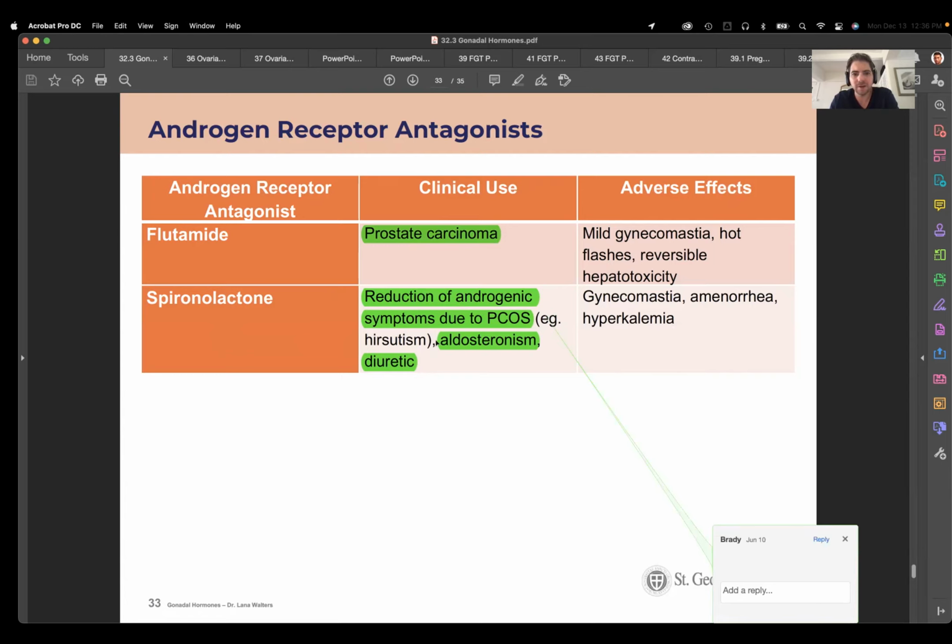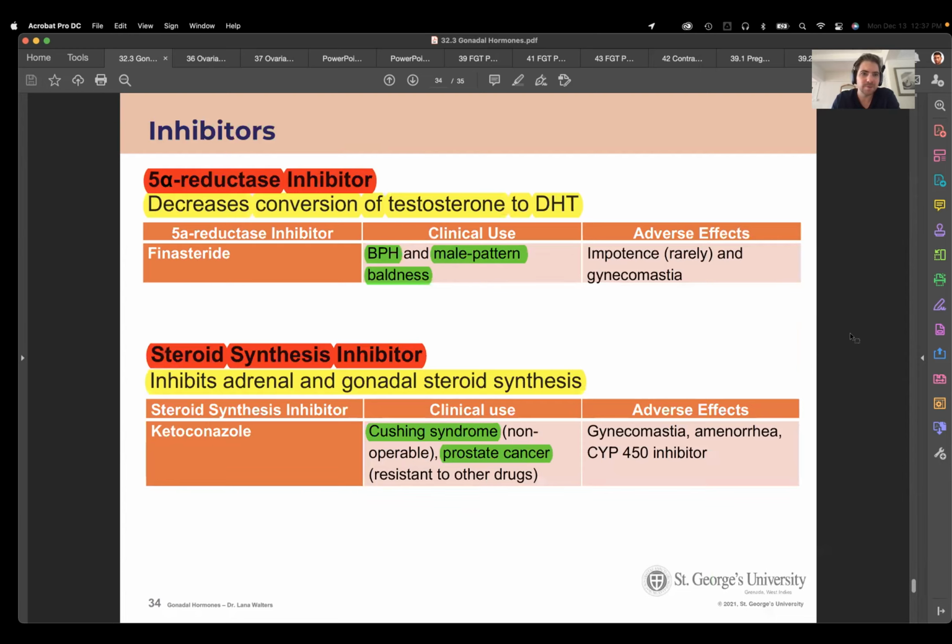I don't know that it's first line in this case, it's more of a diuretic, but it does have anti-androgen properties as well. These are going to be important. We talked about 5-alpha reductase inhibitors, so BPH is the big one that you're going to use there. Again, DHT is very potent, so if you can prevent the conversion to DHT, you can help with BPH.